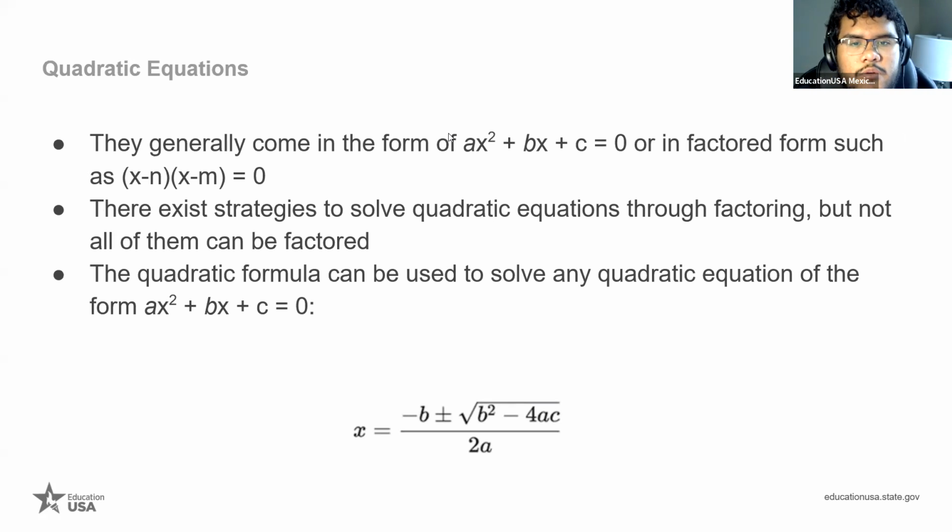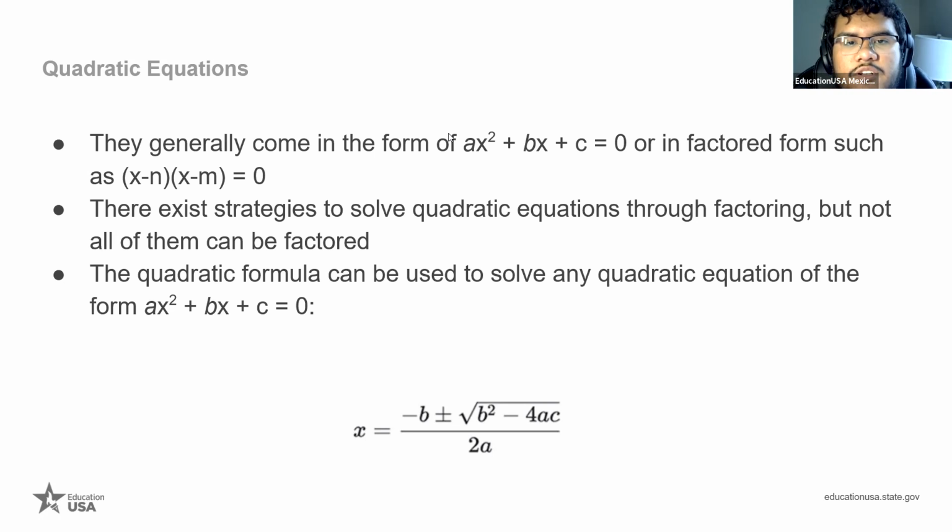So quadratic equations usually come in the form of a times x squared plus b times x plus c equals 0, or in a factored form such as x minus n times x minus m equals 0. Now, in these forms, a, b, and c can be just about any number.